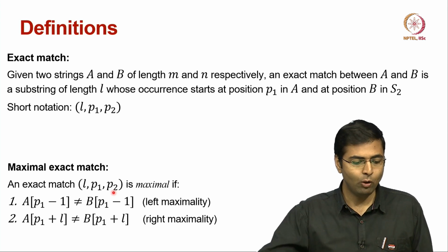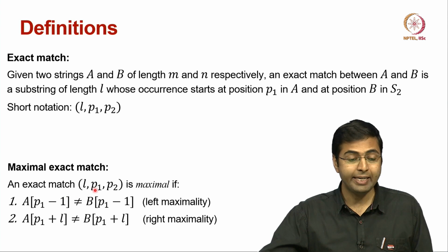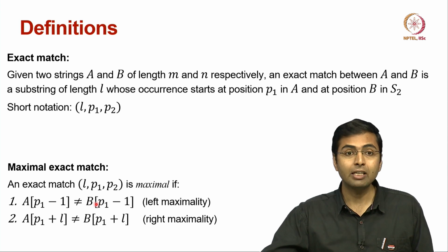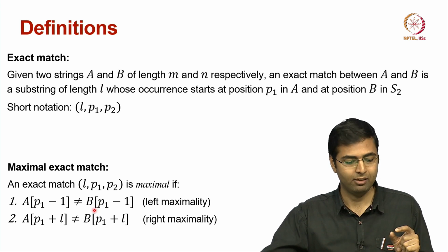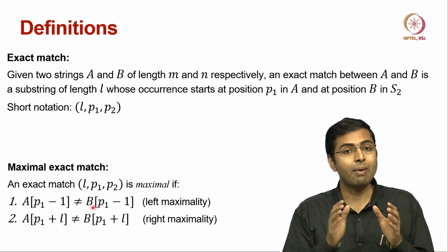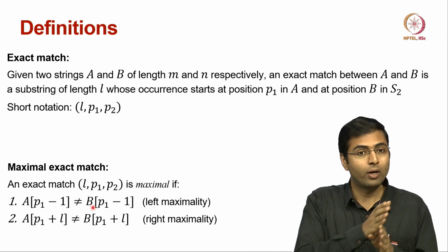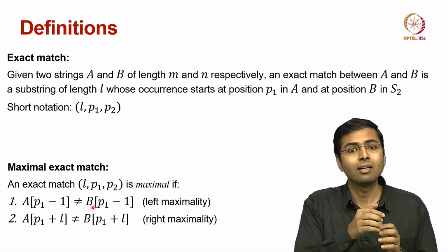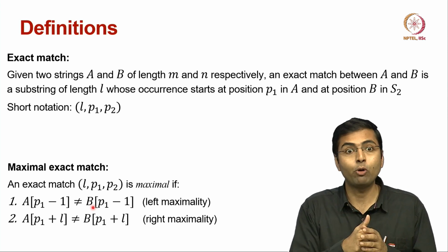Well, if we look at the immediate left character of this match in sequence A, then that differs from the immediate left character on sequence B. That is, if I extend my match further by one character, then I will see a mismatch and I will not be able to extend the match further.